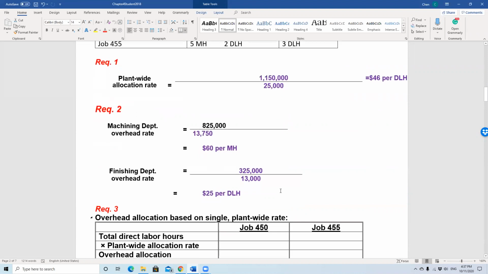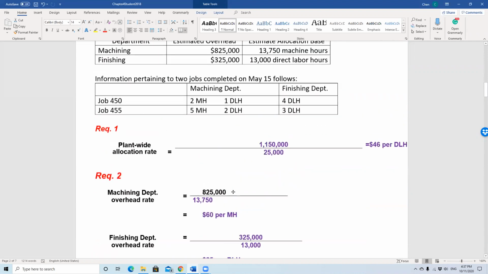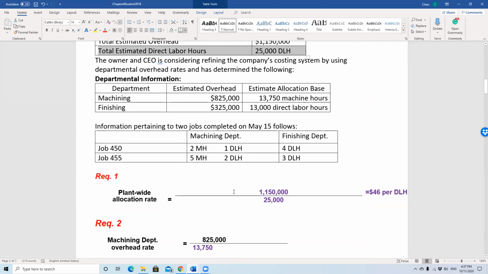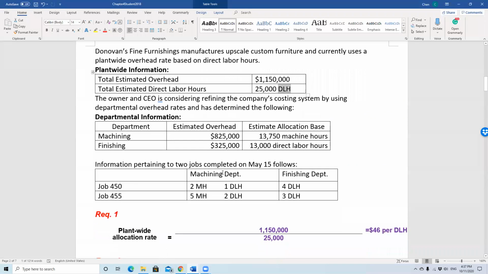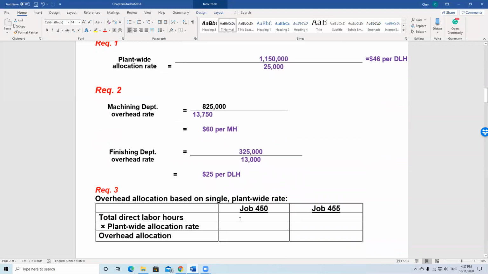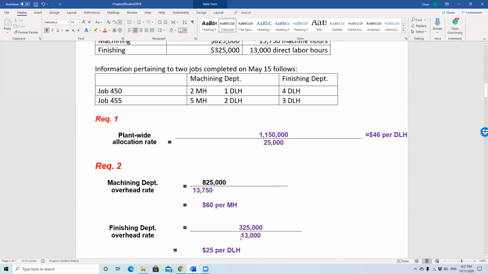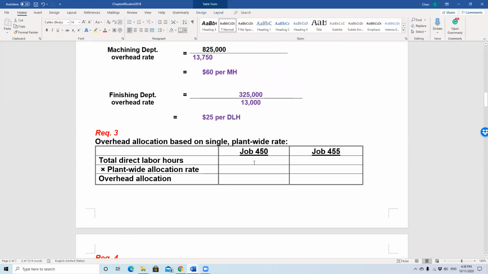So when you calculate the job costs for each job, you only look at the allocation base for the plant-wide rate. So what is the total direct labor hours for job 450? It is 1 direct labor hour for machining and 4 direct labor hours for finishing, so there's a total of 5 direct labor hours.